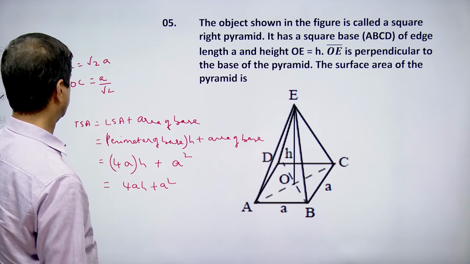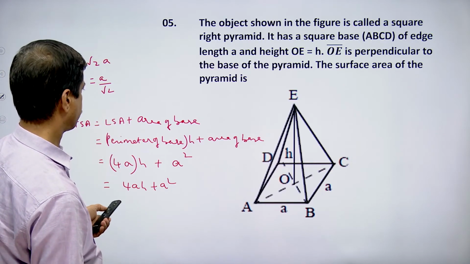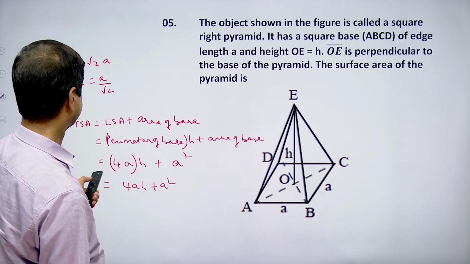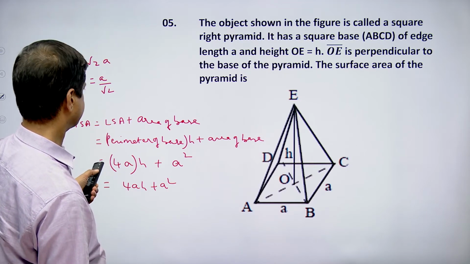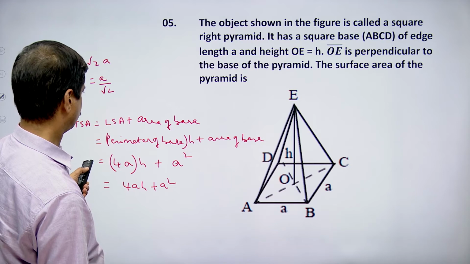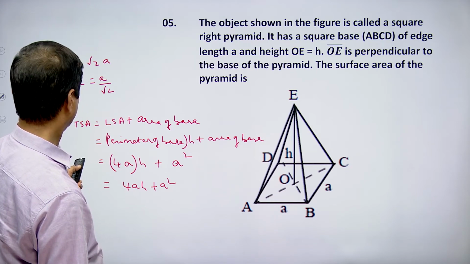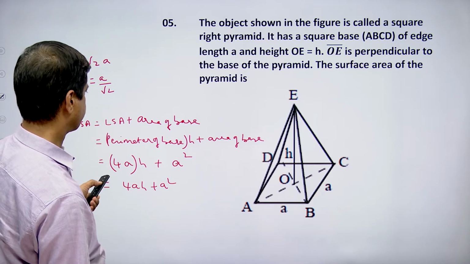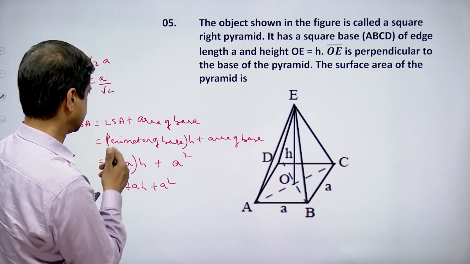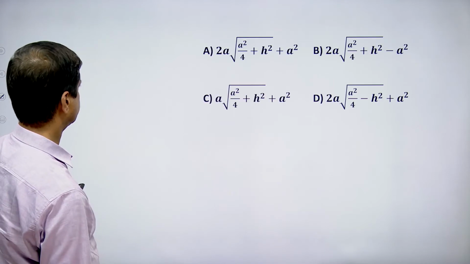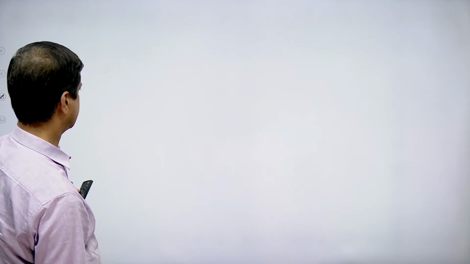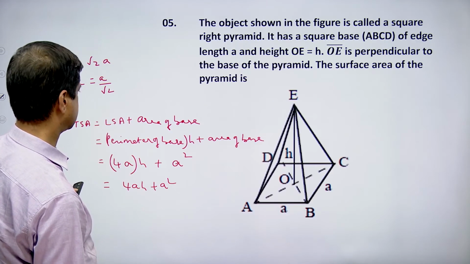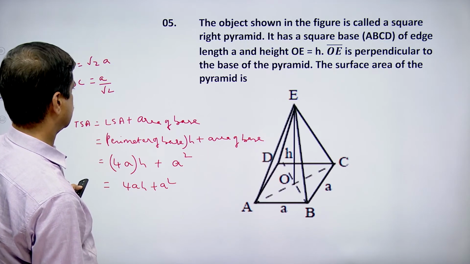So now what are we getting? OC is, anyway, that is okay. Height is known, this is known. What satisfies? 4ah plus a square.